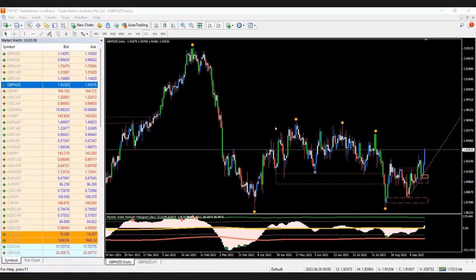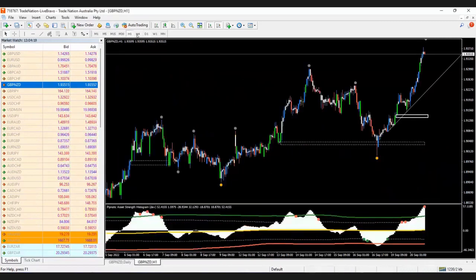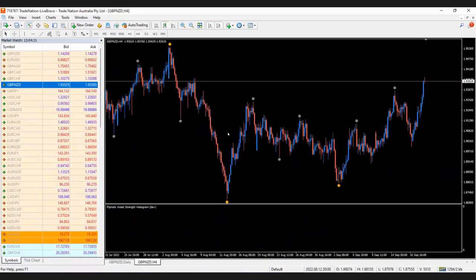If you consider this price structure just here, this is the pound Kiwi. What you want to do is look for the most recent big move. We'll use more bleeding edge price here, and we'll do the analysis on the 4-hour chart.